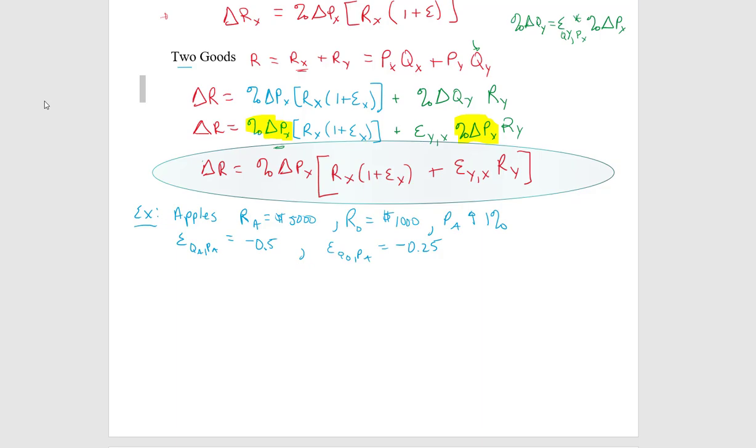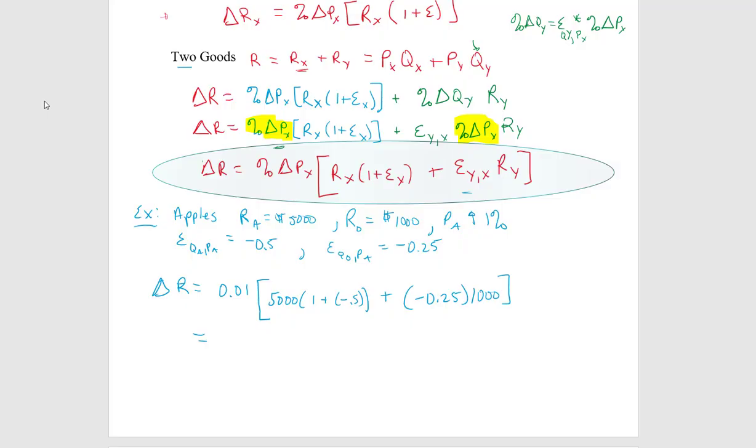So what would we expect to happen to revenue for this firm if these are the conditions that they're facing? The change in revenue is 1%, or 0.01, times 5,000 times 1 plus a minus 0.5, that's the own price elasticity, plus the cross price elasticity, minus 0.25, times 1,000.